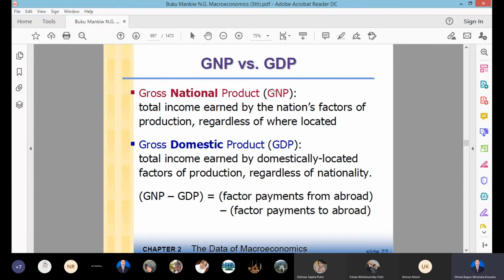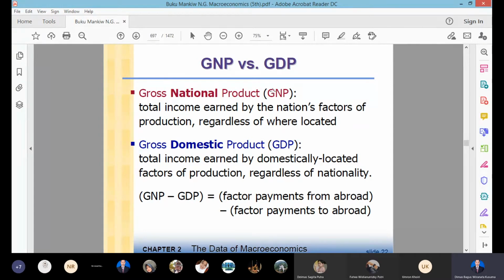But differently, for GDP, for example, Demas here is not an Indonesian citizen. He's a foreign citizen working in Yogyakarta as a lecturer. And I am also a lecturer at UMY in Indonesia. So both of us, our income earned in Indonesia, is counted as GDP.